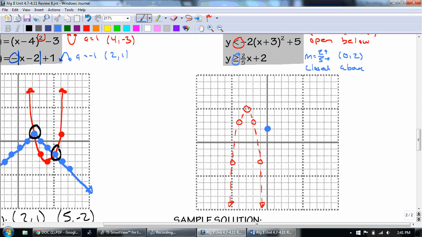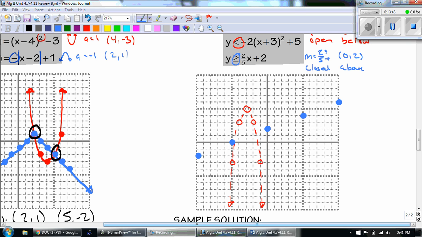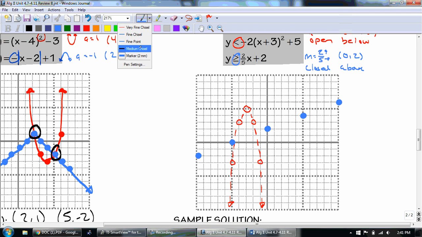I'm going up 2 over 5, up 2 over 5, down 2 over 5, down 2 over 5. Okay, and then you need to get your straight edge out so you can graph that. Okay, line up your points. And there we go.